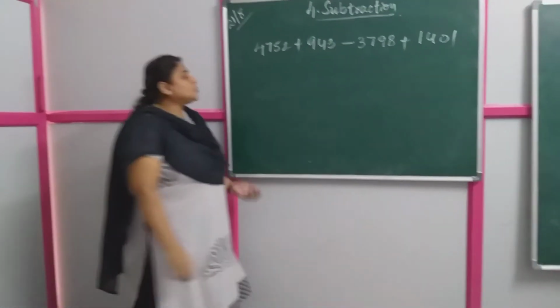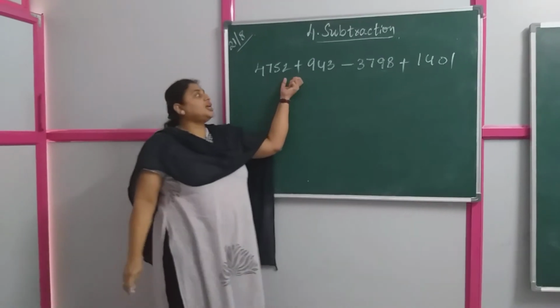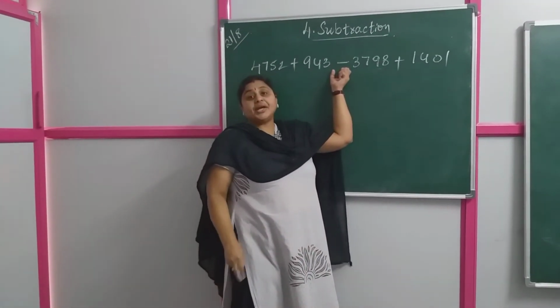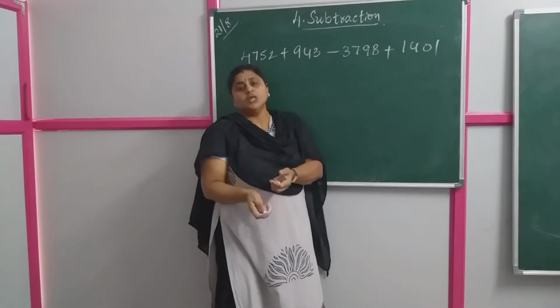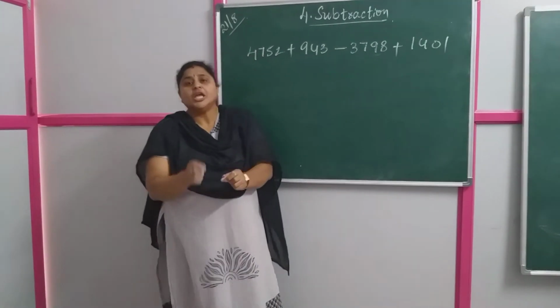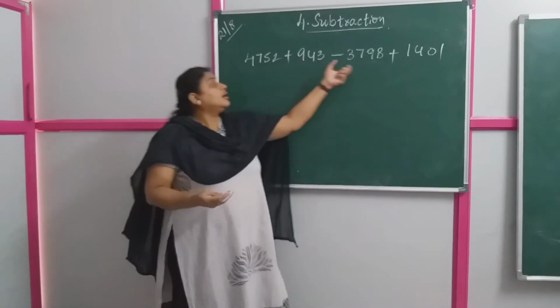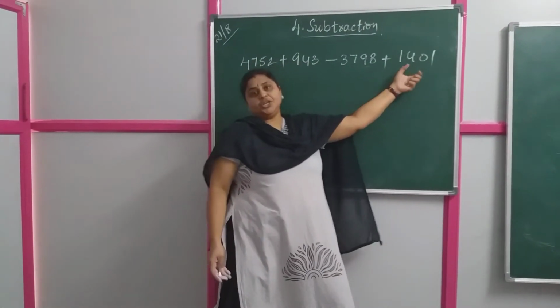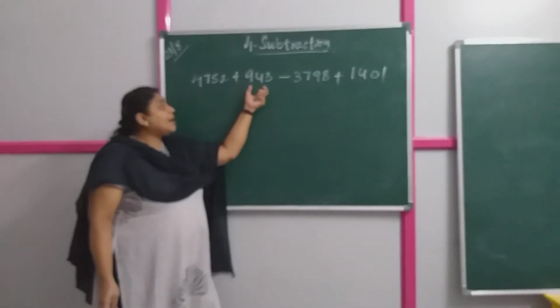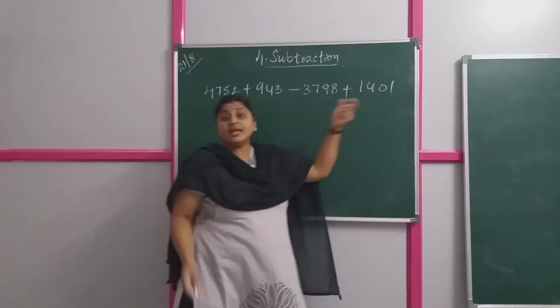If you observe this question, children, you have addition as well as subtraction all together. So simple funda, children, you add all the numbers that are related with the addition. You are going to add all the numbers that are related with the additions.